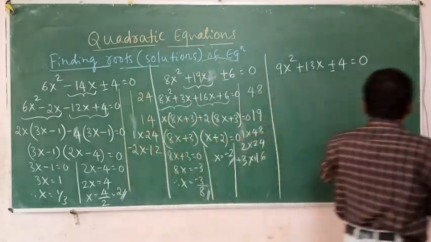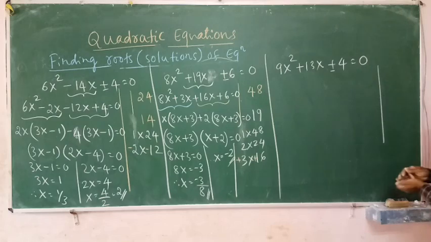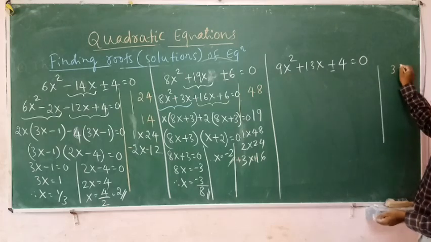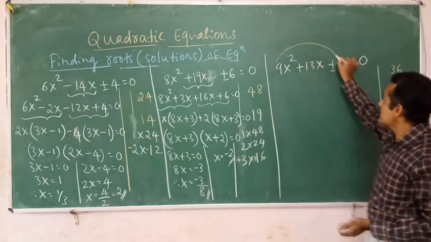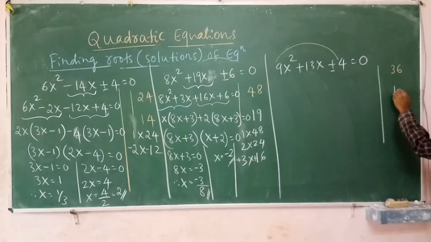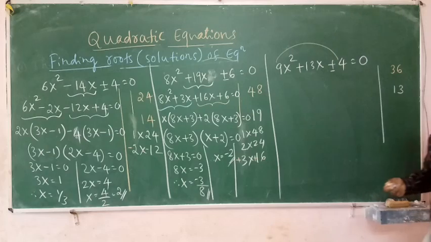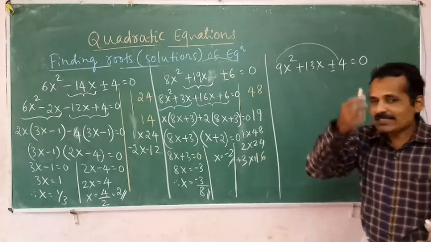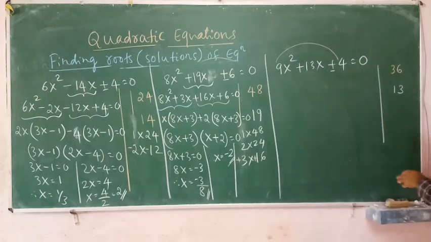On multiplying, 9 4s are 36. On multiplying we must get 36 and on adding it must be 13. Whatever the sign, we'll discuss later. Okay, first let us find the middle terms.